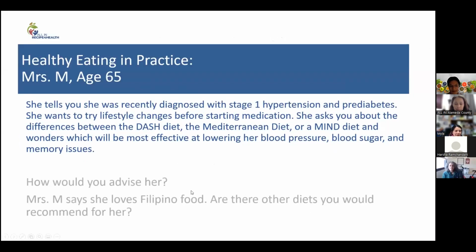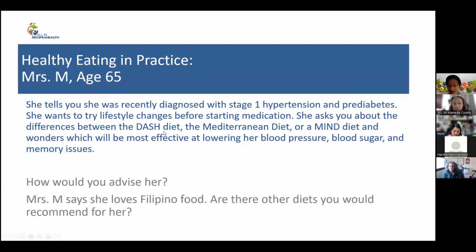How would you advise her between these diets? How can she bring in her favorite Filipino recipes? Maybe it'll spur some ideas.